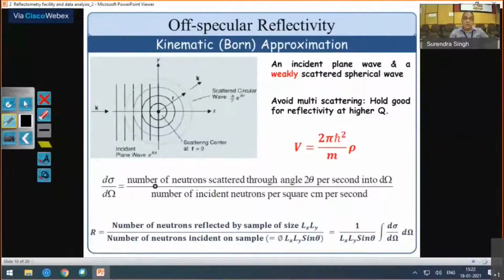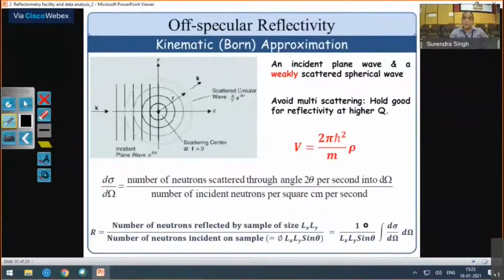D sigma by d omega is nothing but the number of neutrons scattered per second into a solid angle d omega, divided by the number of incident neutrons per square centimeter per second. So if you calculate reflectivity, you can calculate from this.